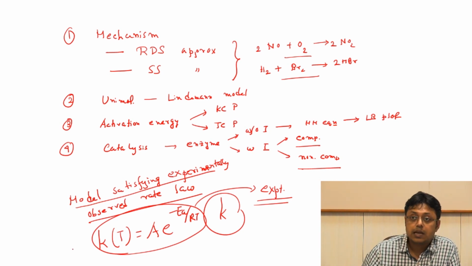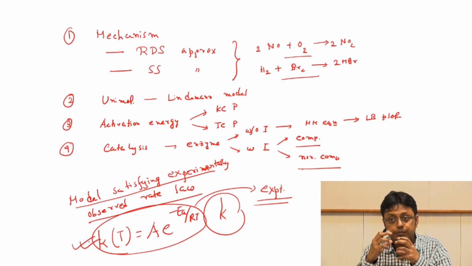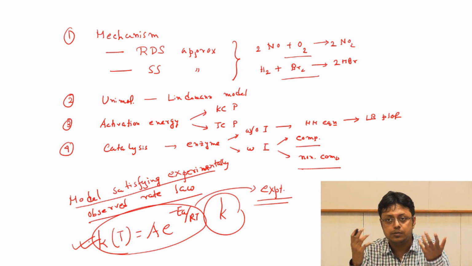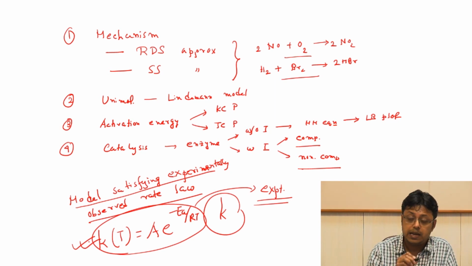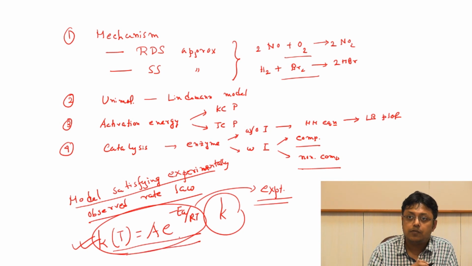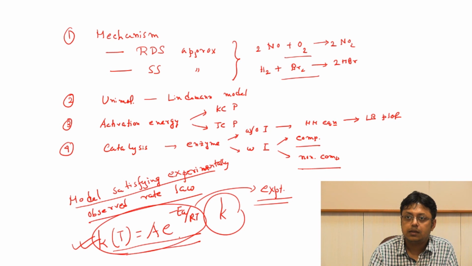Now the question is, can we develop a model based on collisions between molecules or atoms, and then get an equation where we can obtain a form of the rate constant, something like the Arrhenius equation? And that is covered under reaction dynamics. We'll be discussing that in the next lecture.